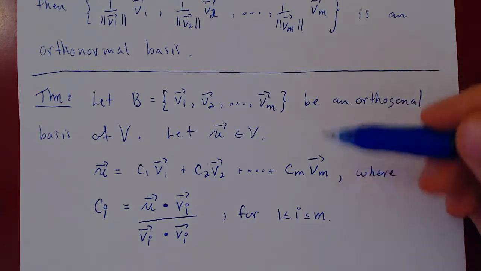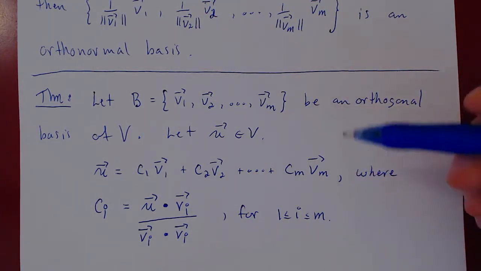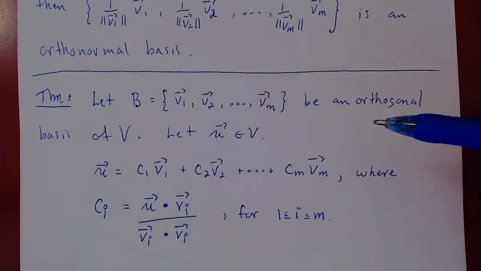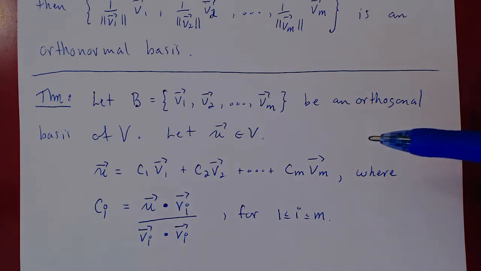And you may look at this and ask, where have we seen an orthonormal or orthogonal basis before? Think of your basis for R2. The standard basis, the vectors (1, 0) and (0, 1), both vectors are orthogonal to each other, and they both have length 1.